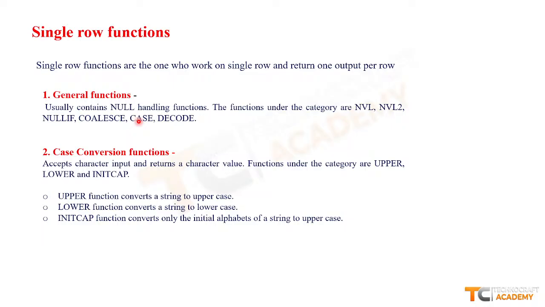Okay, I'm going to check the COALESCE one first. It returns the first non-null value. So I'm going to take commission PCT, since we had so many null values in the commission PCT.